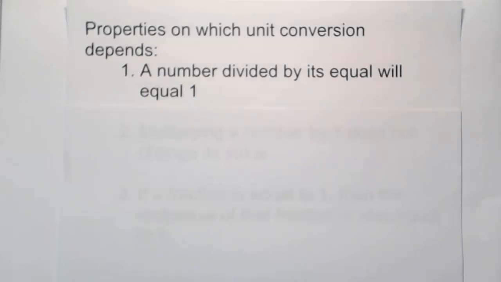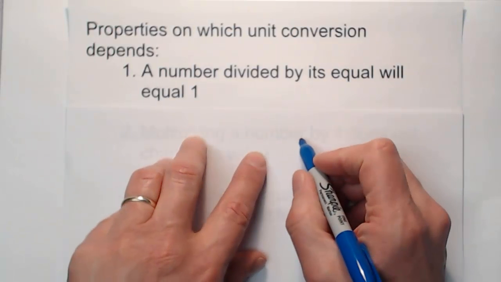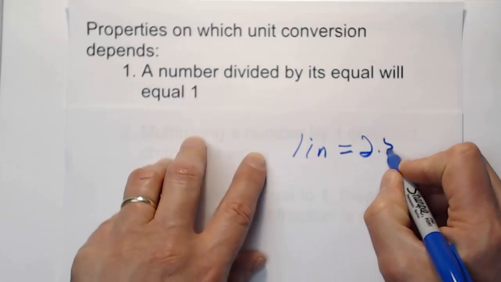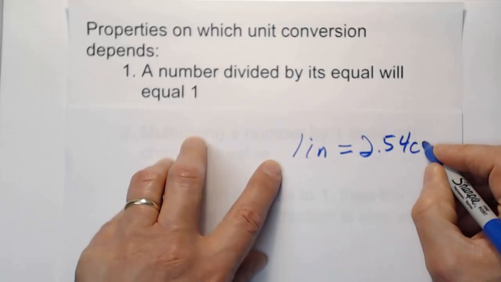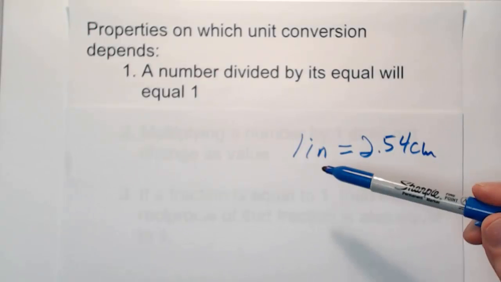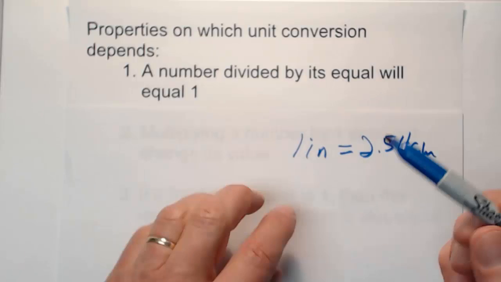The first property is that a number divided by its equal will equal 1. So if you have something like 1 inch is equal to 2.54 centimeters, those two things are equal to each other. If I divide 1 inch by 2.54 centimeters, the result will be 1.